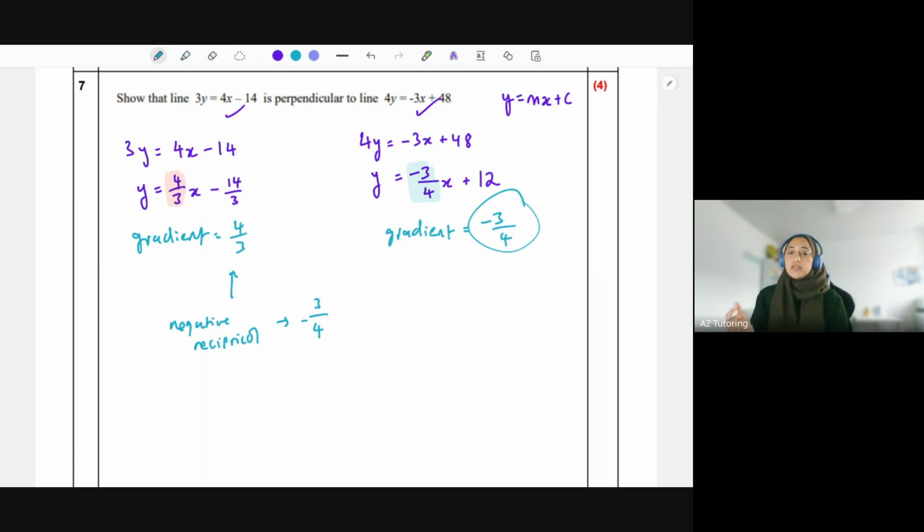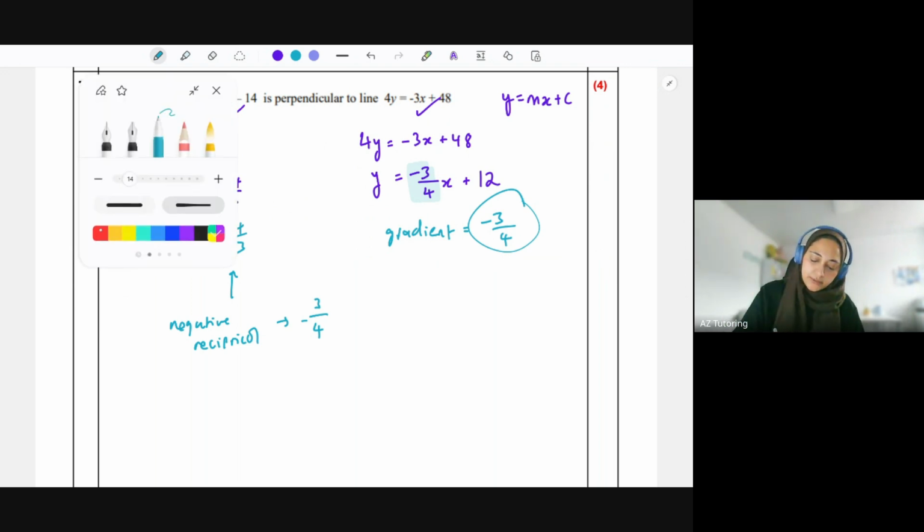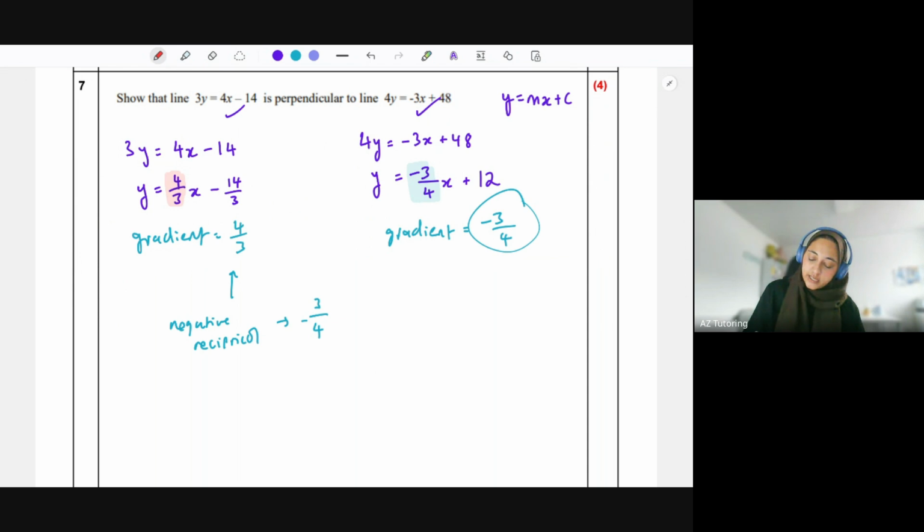So they are perpendicular to each other, but on the mark scheme, they want you to write a really particular statement as well. They want you to say that if you get 4 over 3 and you times it by minus 3/4, this should give you minus 1. So if I times the top, 4 times minus 3 is minus 12, over 3 times 4, which is 12.